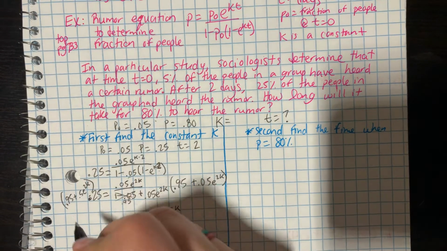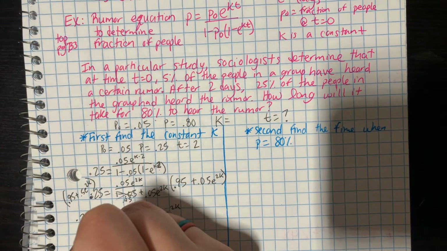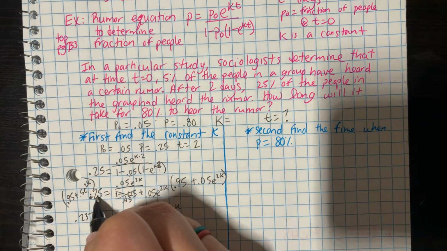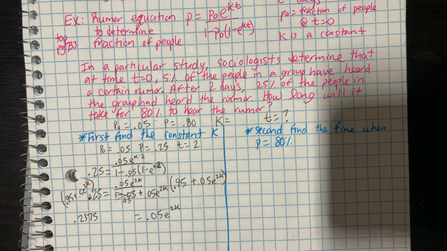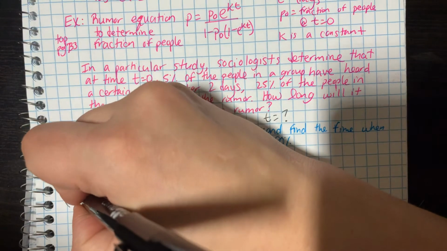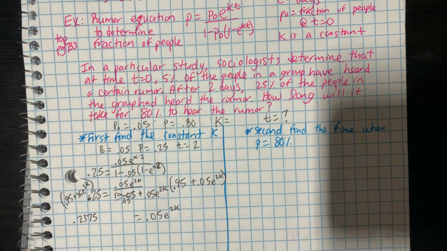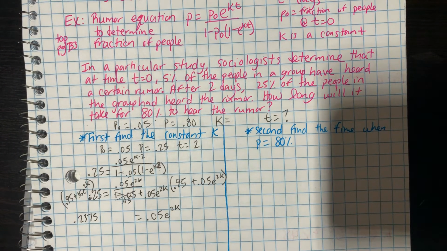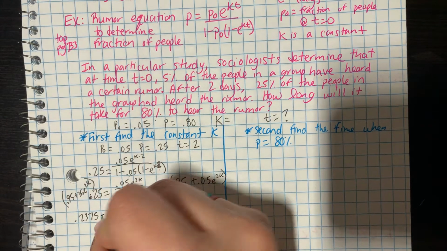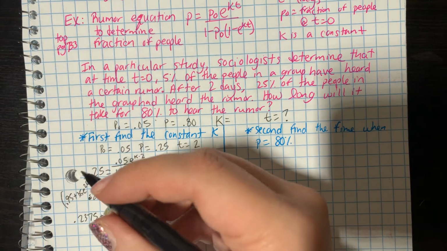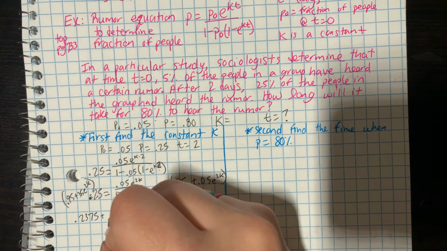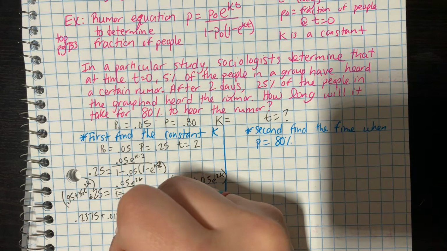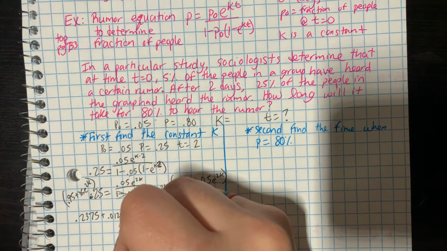So I'm going to have 0.2375. I'm distributing this 0.25 to both my pieces. Plus 0.0125 e to the 2k.